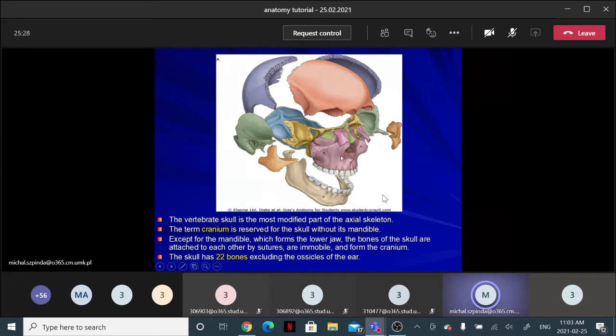The maxillary bone articulates on both sides with the zygomatic bone.